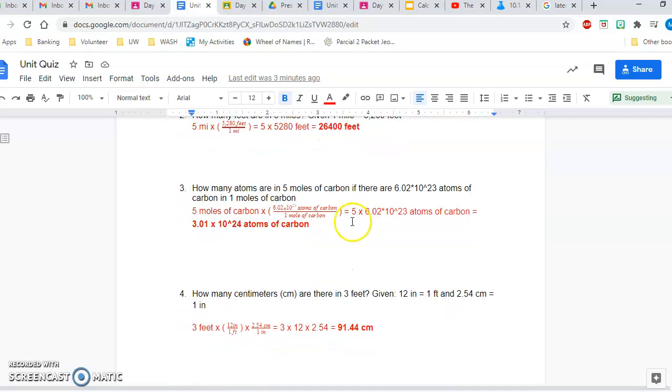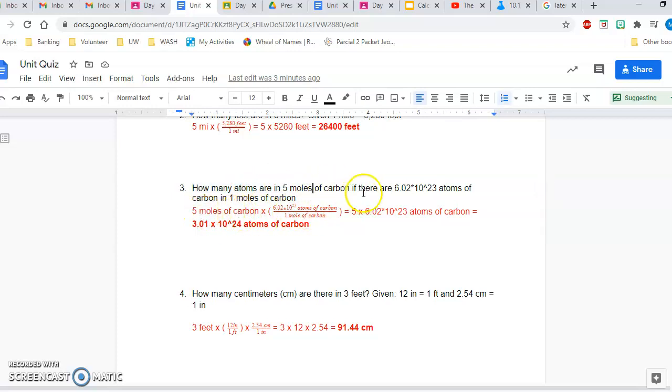This next question, it tripped a couple people up, but it's the same process. So it's bigger numbers, it's a little bit harder, but it's the same idea. We're asked how many atoms are there in 5 moles of carbon. So we're going to start with 5 moles of carbon here.